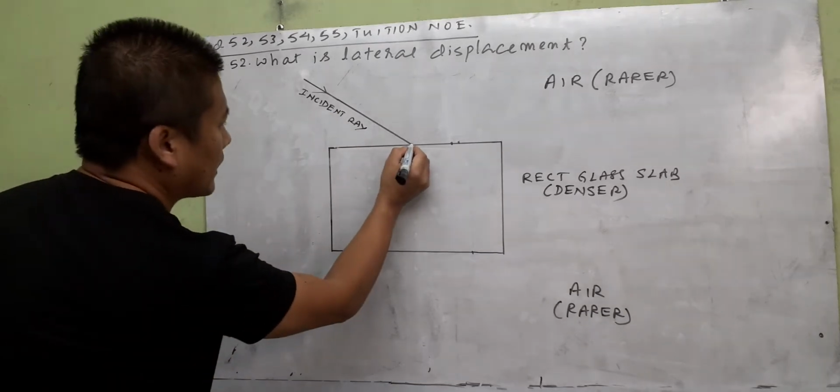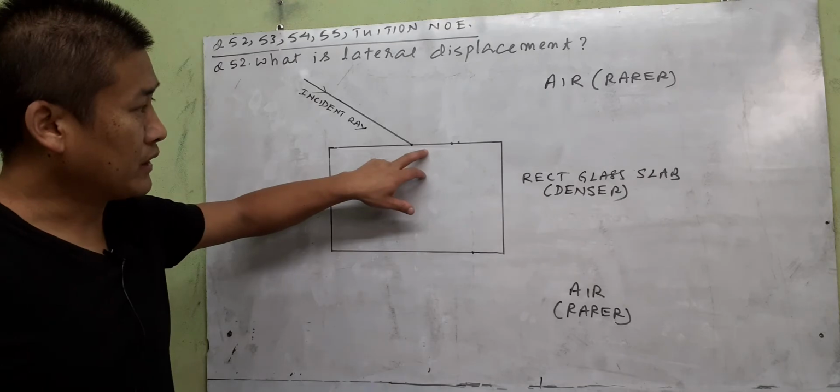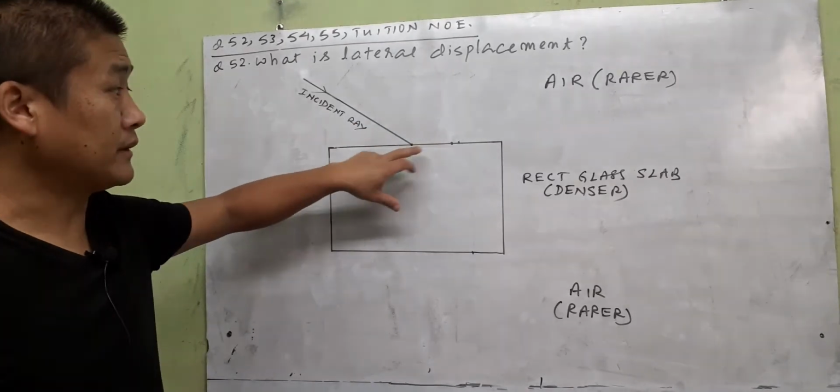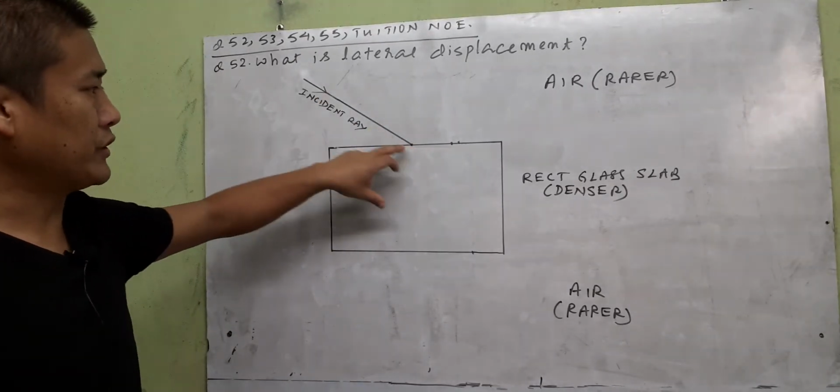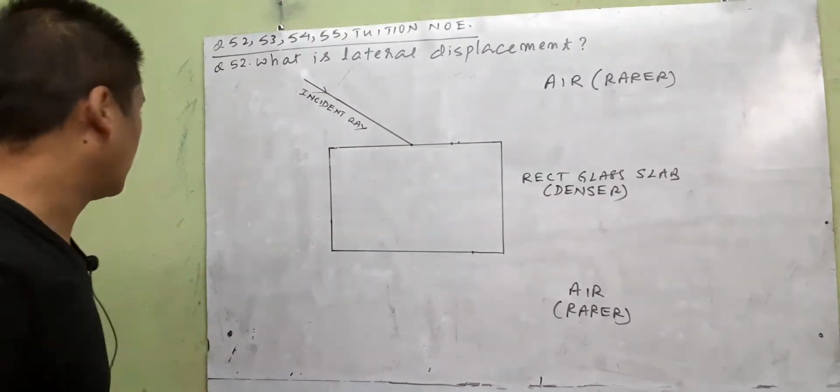Where it touches the surface of the glass, the boundary between air and glass is called the interface. The point where the incident ray strikes the interface is called the point of incidence.